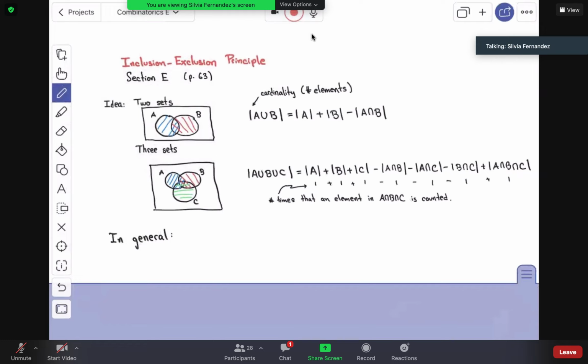Actually, I don't like the notation in the book as much, but you have the book, and so to make the connection to that, let me tell you what they're using. Actually, before we go to the general part, let me show you the book's notation for 3 sets.